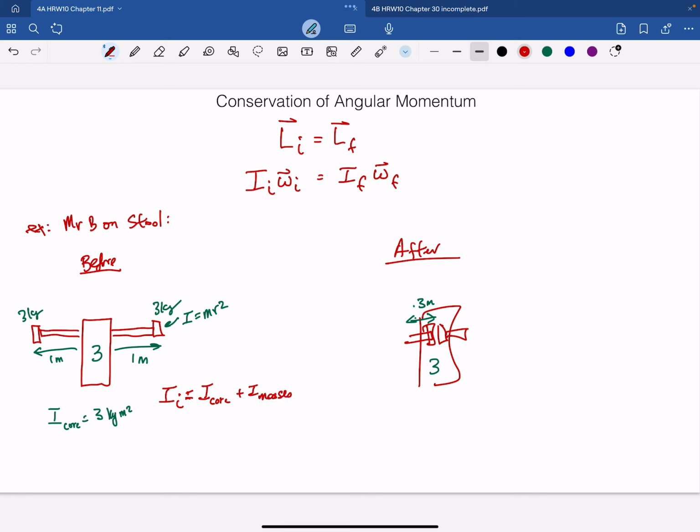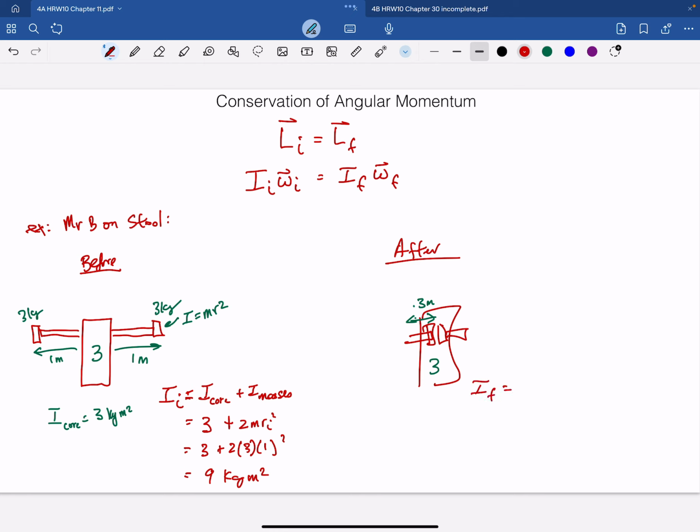So that's 3 plus, and how many masses am I holding? 2 of them, times the mass, times wherever they are initially. 3 plus 2 times 3 times 1 squared gets me 9, doesn't it? 9 kilogram meters squared.